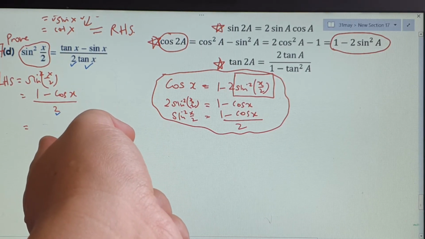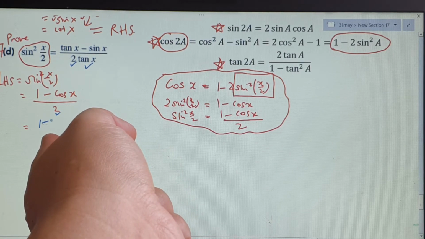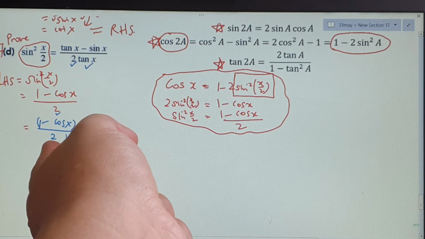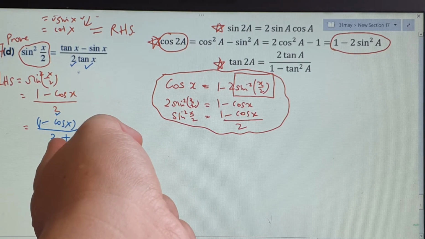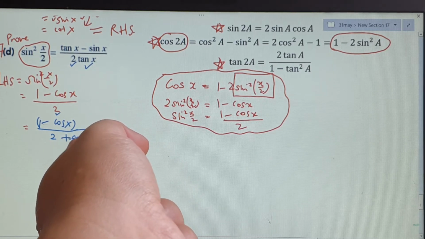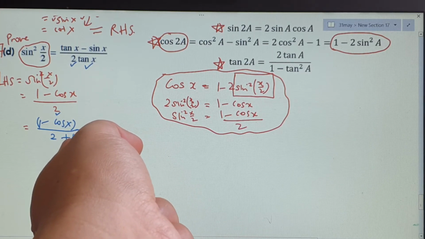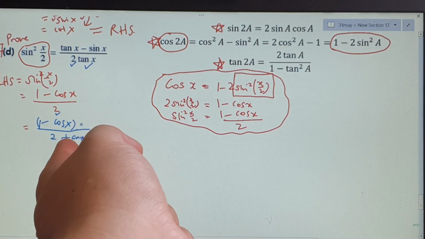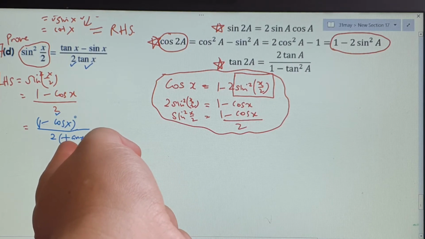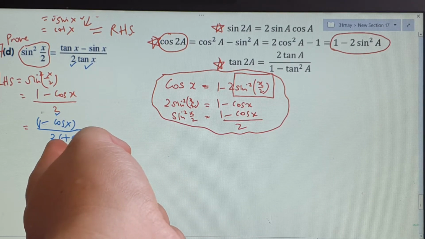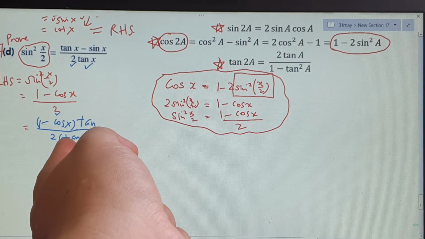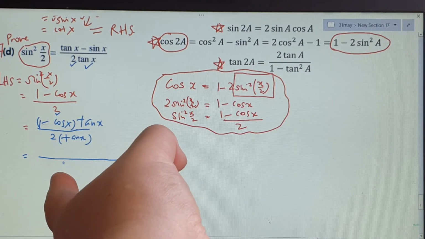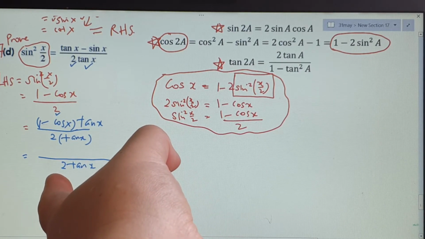Okay, so for the next step, I'm going to multiply the denominator by tangent x, and that will give me this. But I cannot just multiply the denominator by tangent x, because that will make this second line not equal to this third line, right? So if I want to multiply by tangent x here, I must multiply this whole thing, and I need to put bracket. That's why I put bracket just now, by tangent x. Okay, now you know that the denominator is just 2 tangent x, and that's what we want.